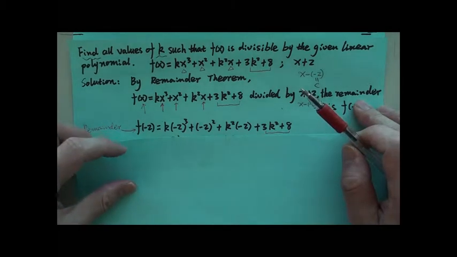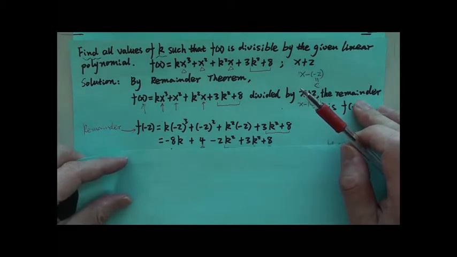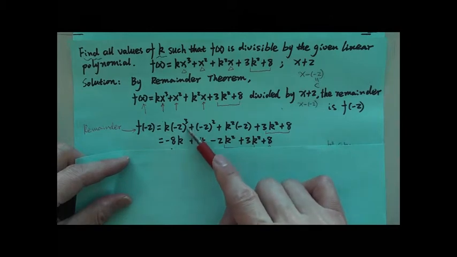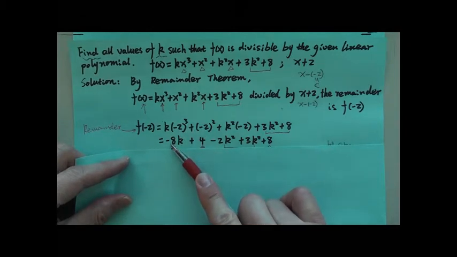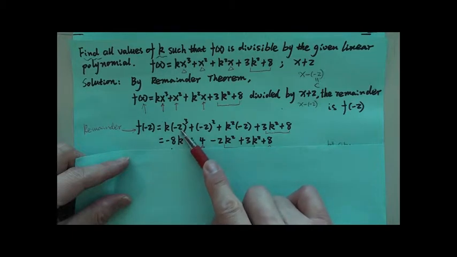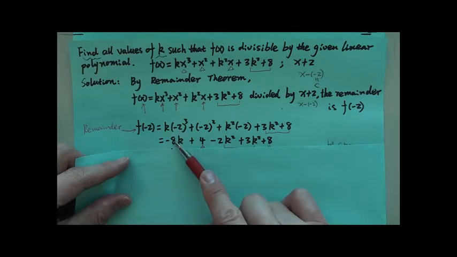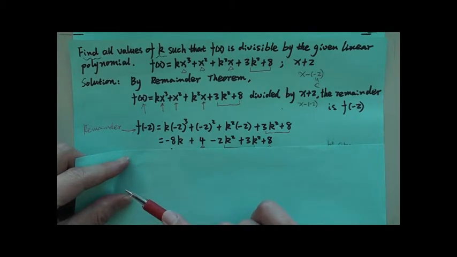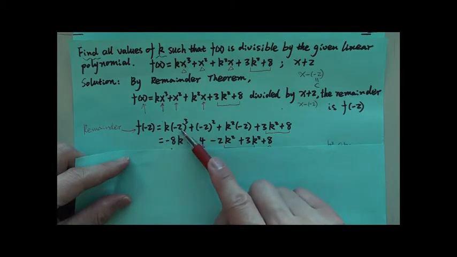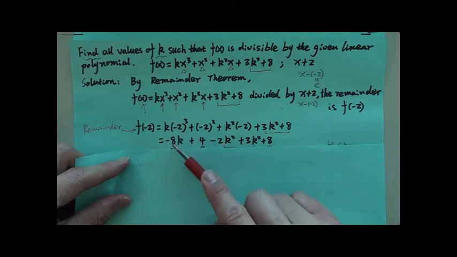Let's simplify this remainder. Negative 2 cubed is negative 8, because negative 2 times negative 2 is positive 4, times another negative 2, you have a negative 8. The common popular mistake is negative 2 times 3, and you get negative 6.